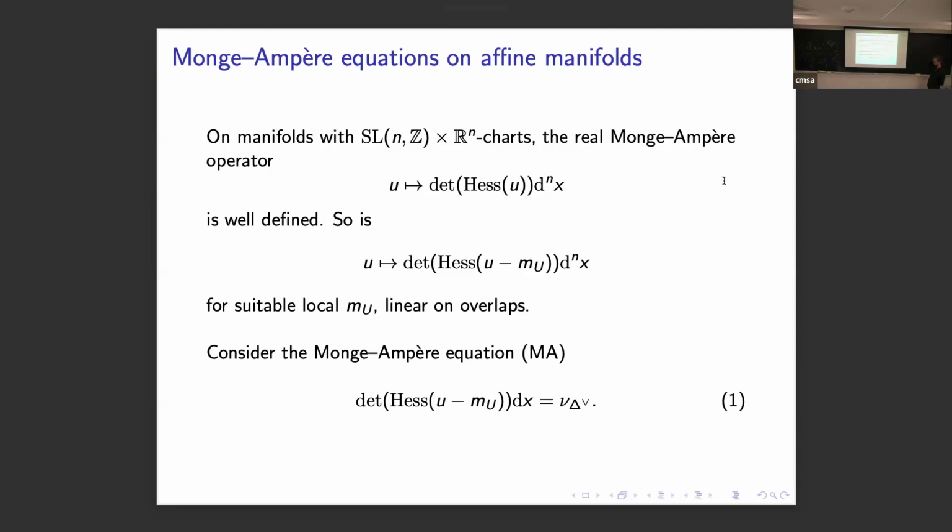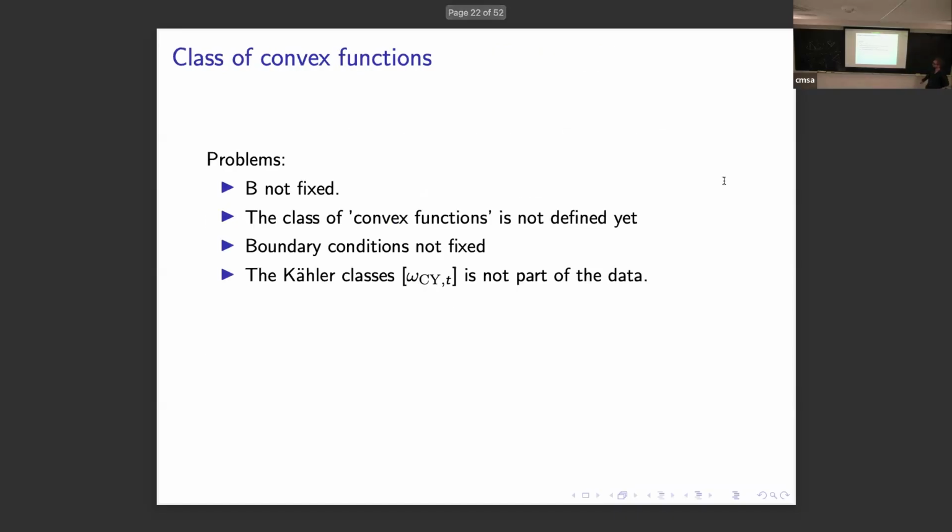And I haven't yet told you what sort of class of functions we should consider. Clearly, they should be convex in this sense, so that this thing is always convex, but we don't know so much more yet. So what should we do about this class of convex functions? Because so far there are a number of problems. We have not fixed completely the manifold we're working on.